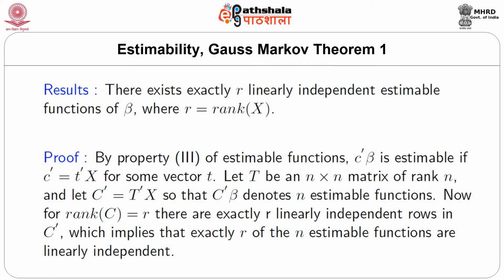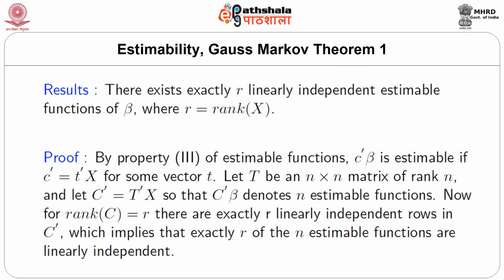Result: there exist exactly r linearly independent estimable functions of beta, where r equals the rank of X. Proof: by property 3 of estimable functions, C prime beta is estimable if C transpose equals T transpose X for some vector T. Let T be an n by n matrix of rank n, and let C transpose equal T transpose X, so that C transpose beta denotes n estimable functions.